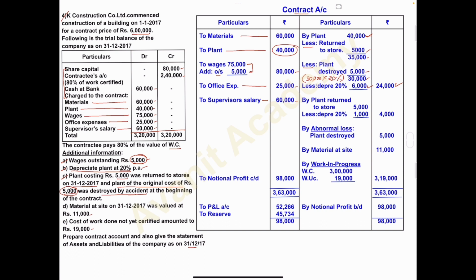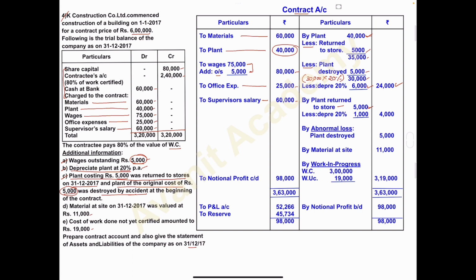Next, we'll calculate the depreciation on this plant returned to store. So we'll write plant returned to store amount is 5,000. Okay, this one is first we have taken, that is a different entry, and this one is a different one. By plant returned to store, the value of plant returned to store is 5,000.